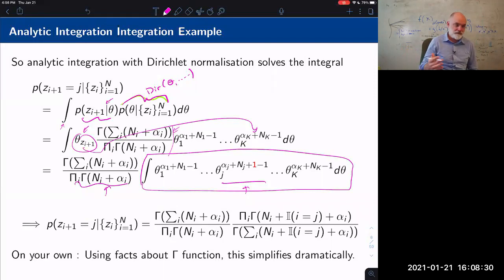Because you look at this integral and you say, aha, that's the form of a Dirichlet likelihood. So if I integrate that thing over theta, it has to normalize. This distribution has to normalize, so we know what the result of that is. This integral evaluates to the inverse of the normalization constant.